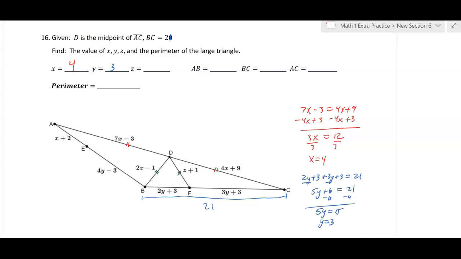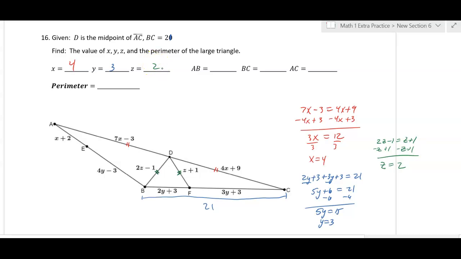Okay. Now, right away to find z. If you look at the diagram, these double tick marks tell me those are congruent. And if they're congruent, I set their measures equal to each other. Right? So that would give me z is equal to 2. Okay.